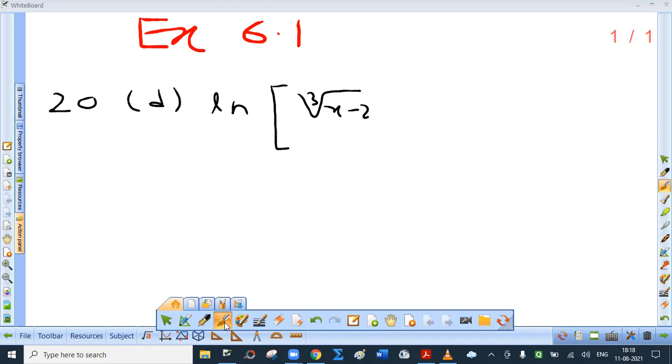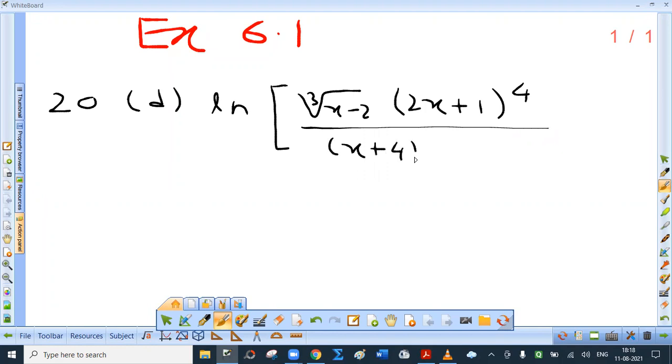Natural logarithm cube root of x minus 2, write down, into 2x plus 1 raised to 4 divided by x plus 4 into root of 2x plus 4 and raised to 2.